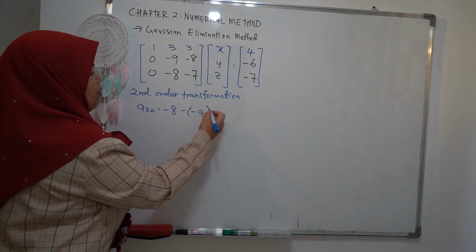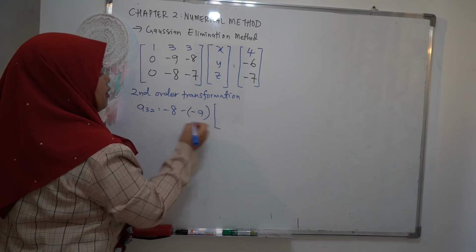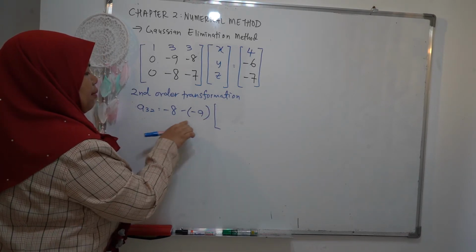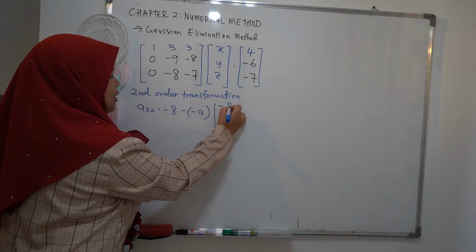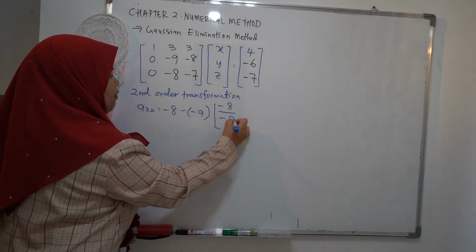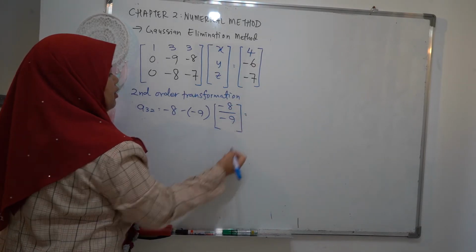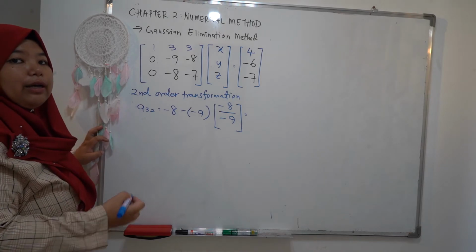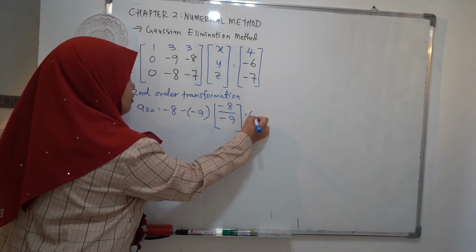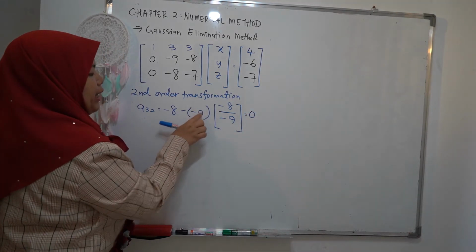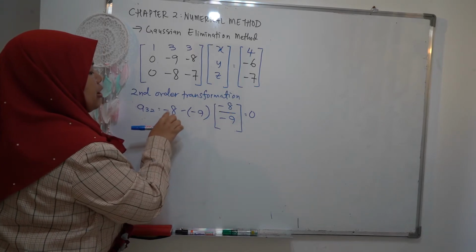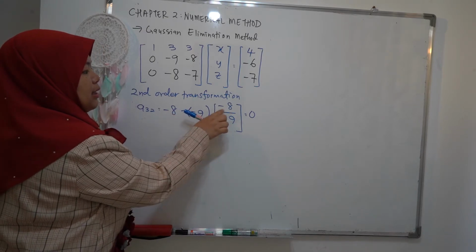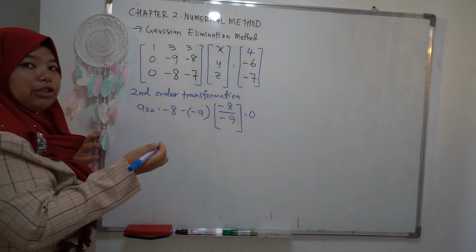Then I multiply with the number itself, which is negative 8 over negative 9. When I calculate, I will get 0 because I can cancel these. So negative 8 minus negative 8, I get 0.